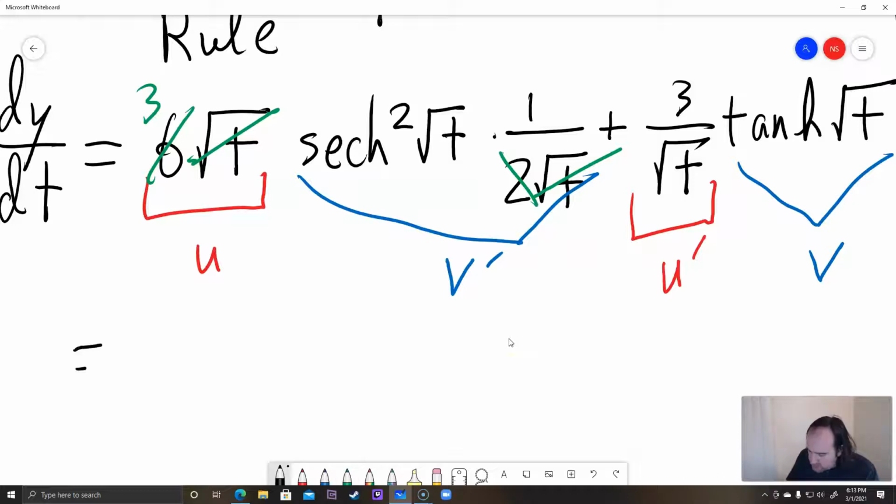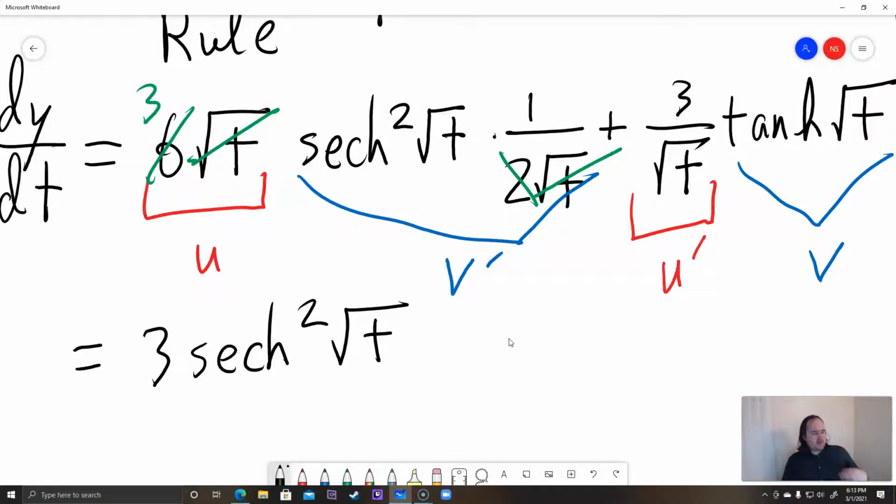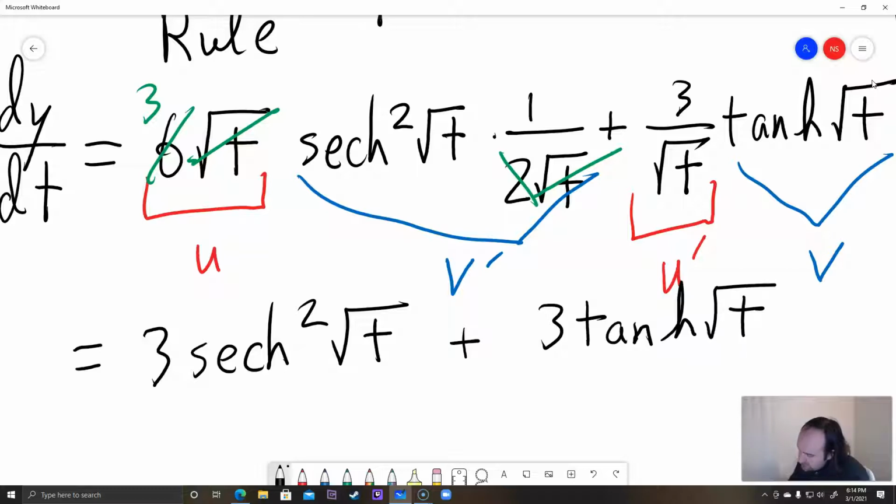So we're going to get dy dt equals, we're just left with 3 times sech squared of root t, plus, well, the way they wrote it on my MyLab is they went ahead and multiplied the 3 times the tanh root t on the top for our numerator, so they have 3 times tanh of root t on the top, and then on the bottom we have a root t.